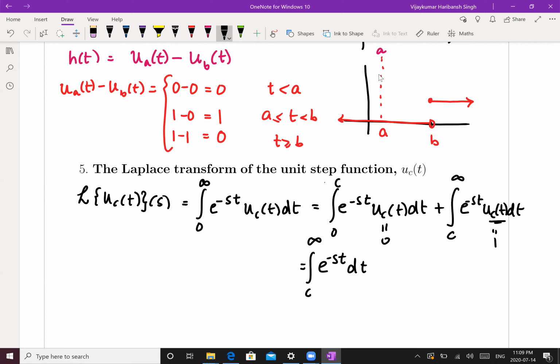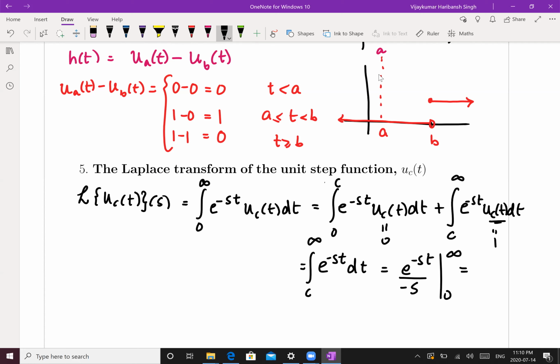And now that is going to be e to the power minus st over minus s, from 0 to infinity. Now note that when I'm doing the limits for the infinity, when I write it down completely step by step, I should use a limit.